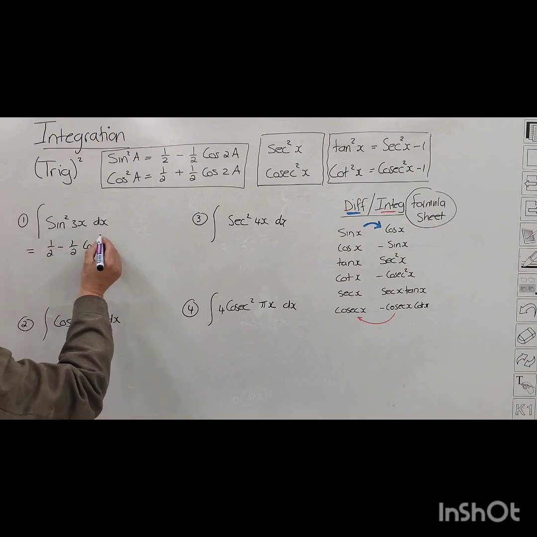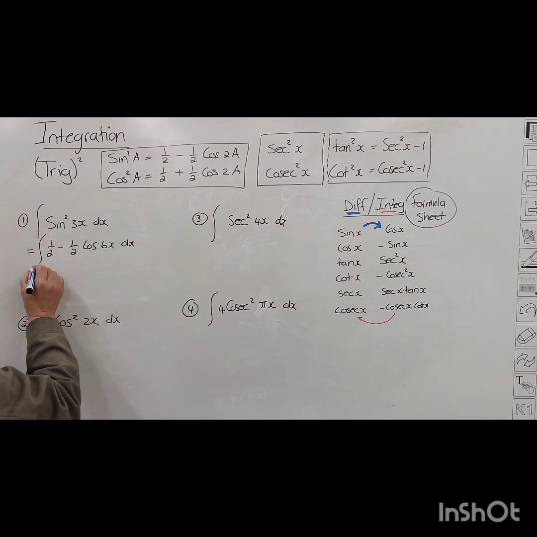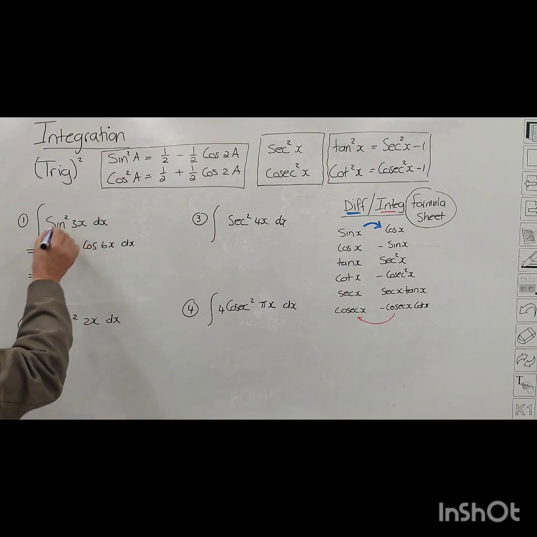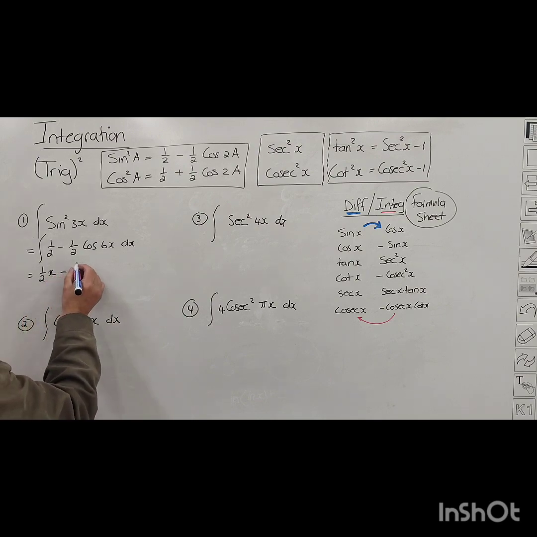So 2 times 3x will give me 6x with reference to x, and this is what I can integrate now to give me the value of sine square integral. So when I have no x's, I will gain a x because this is x to the 0 plus 1 divided by 0 plus 1, and that's how I gain a x minus.